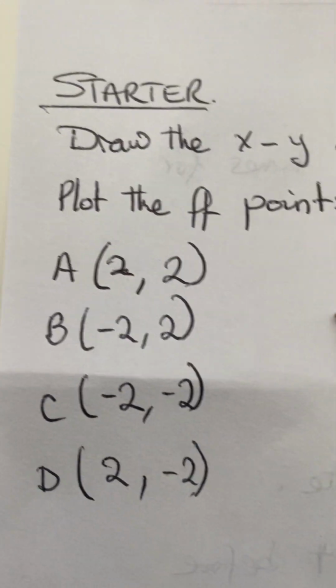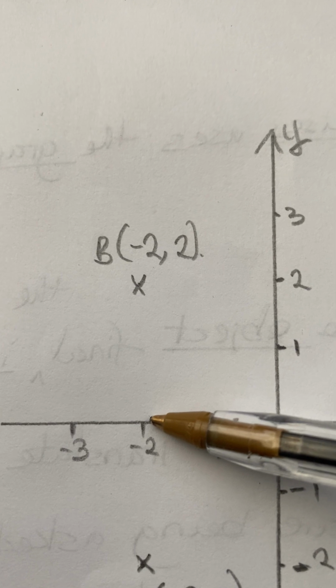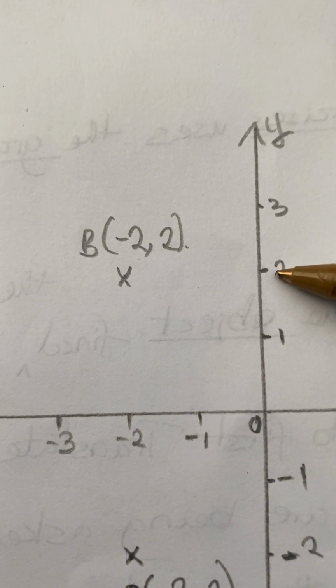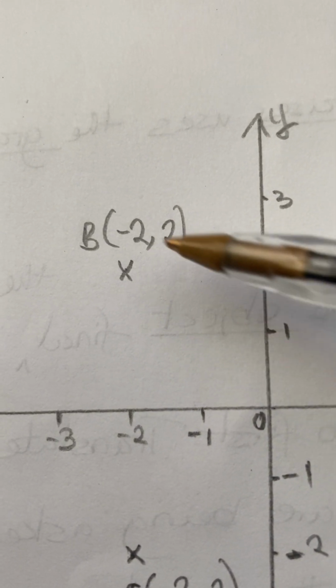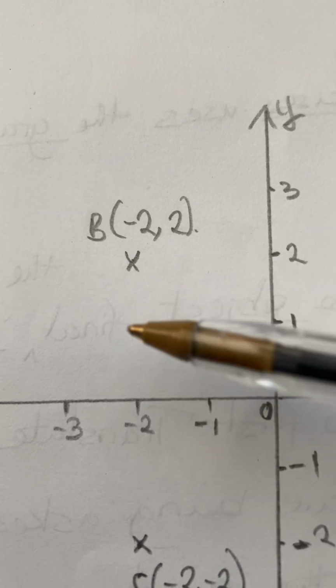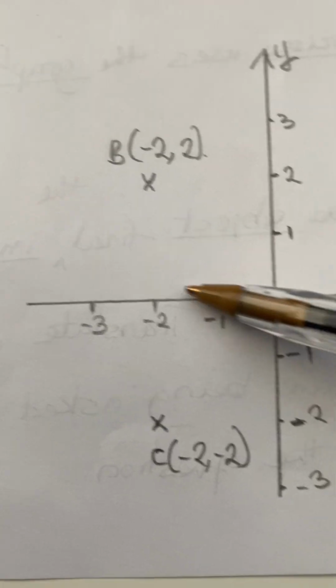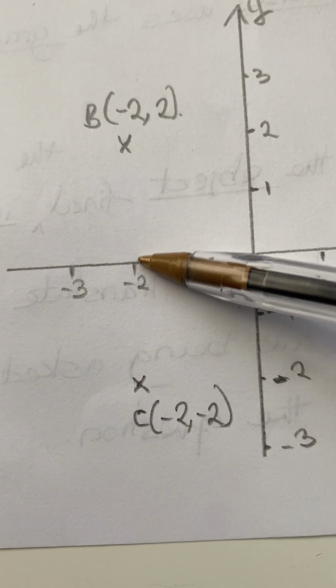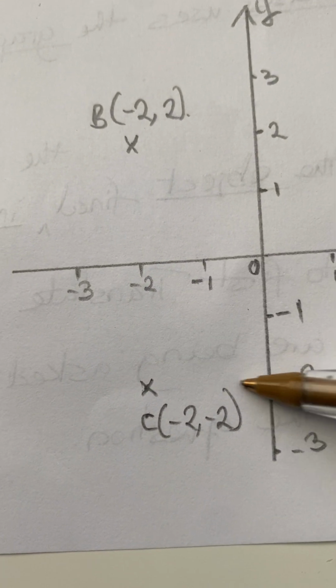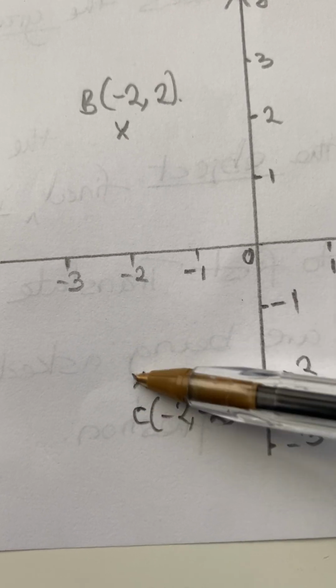B, minus 2 on x, 2 on y. That is my B there. C, minus 2 on x-axis, minus 2 on y. So that will be my point there.